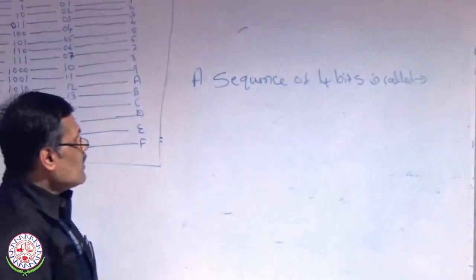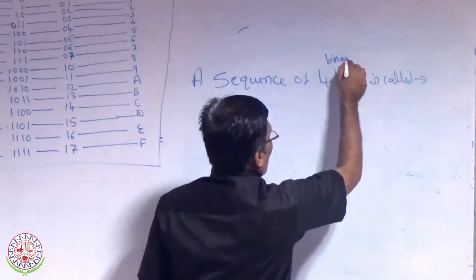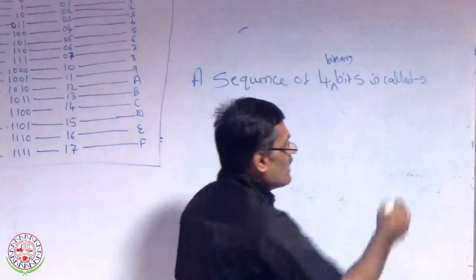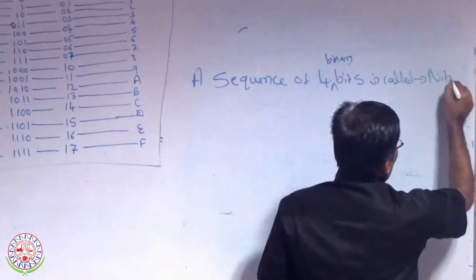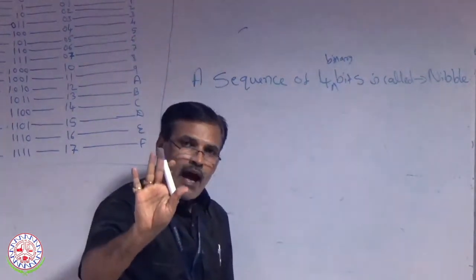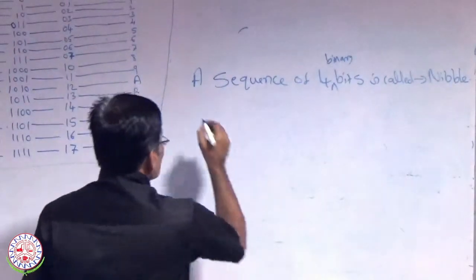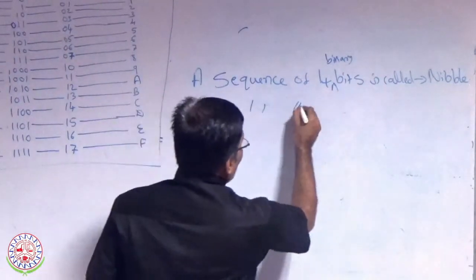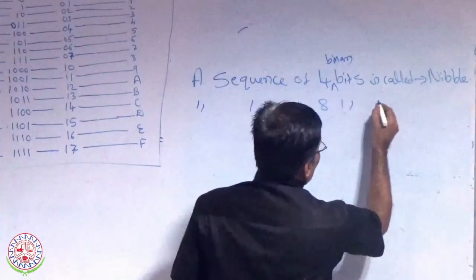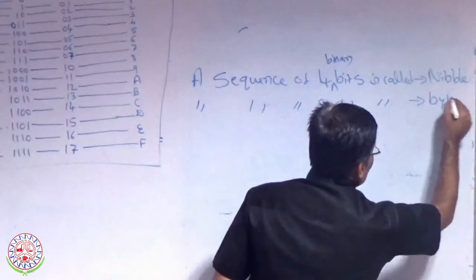A sequence of 4 binary bits is called a nibble, which is nothing but a half byte. So a half byte is called a nibble. Similarly, a sequence of 8 binary bits is known as a byte.